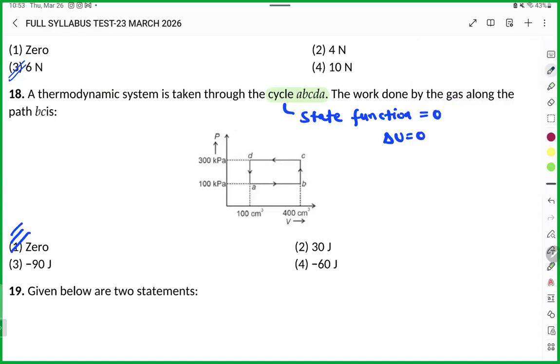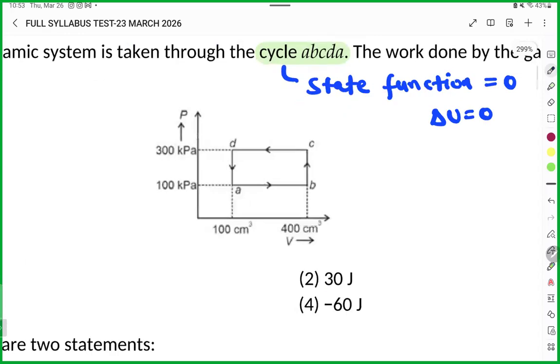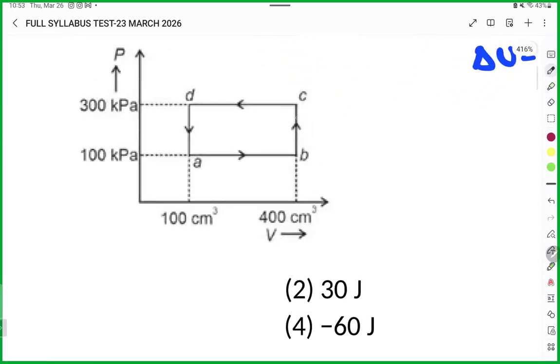For example, they're asking from B to C. From B to C, if we see, volume is constant, correct? At B, volume 400. At C, 400. Change in volume 0. Change in volume 0, work done P delta V is 0.